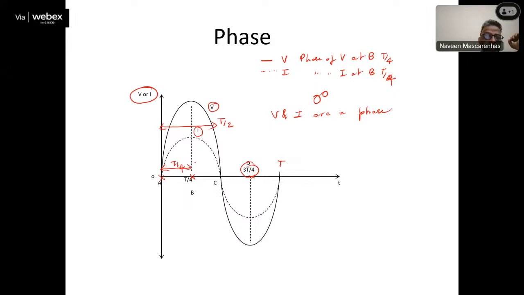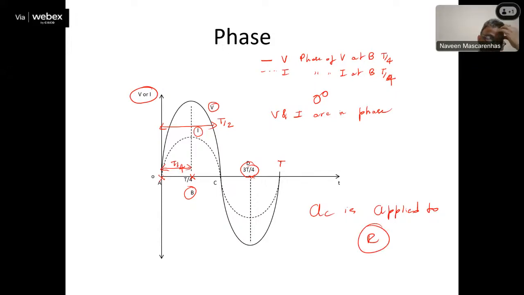So that is the phase of both V as well as I at B, T by 4 and T by 4. Therefore the phase difference is 0 degree. And you all know that this is what we get when AC is applied to pure R. V and I are in phase. There is no phase difference.